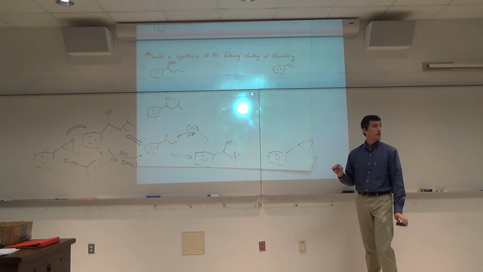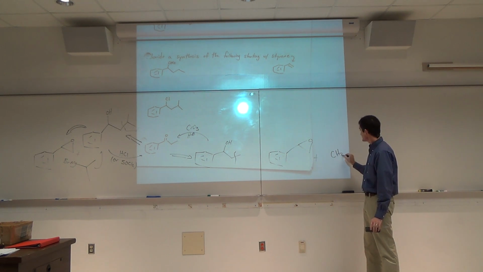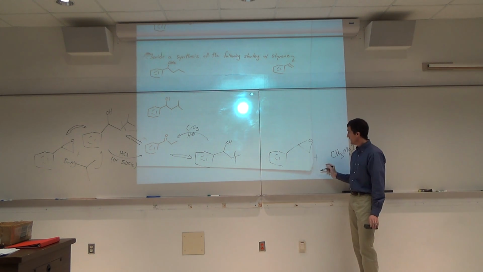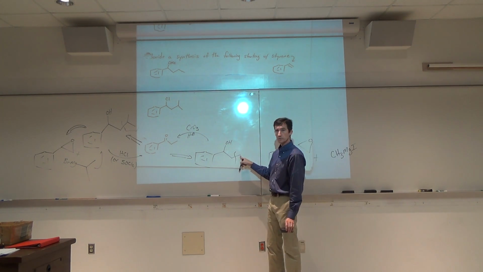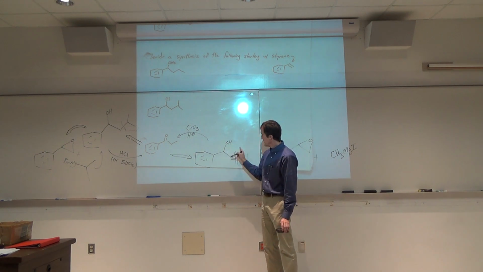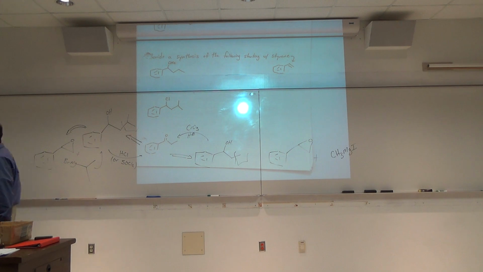Methyl magnesium iodide, just a methyl. Methyl attacks, opens it up, workup gives you the H there. That's the nucleophile, CH3. And then you oxidize it. Somewhat similar to what was on the quiz.